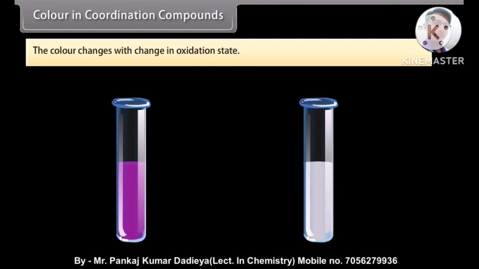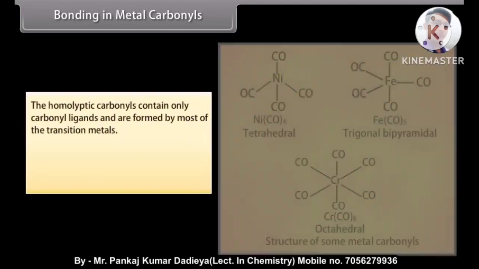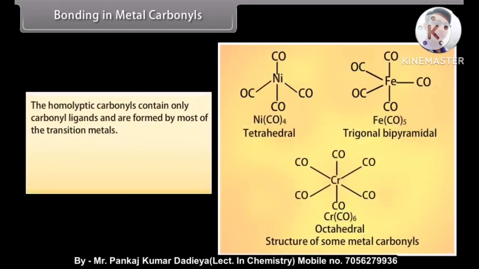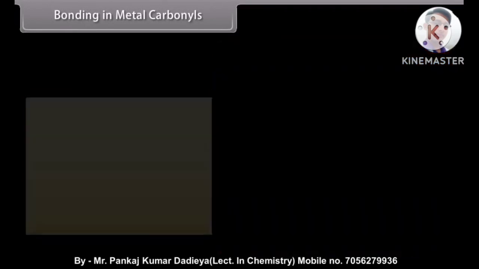Bonding in metal carbonyls. The homoleptic carbonyls contain only carbonyl ligands and are formed by most of the transition metals. Important metal carbonyls are formed by the metal from the central part of the d block.